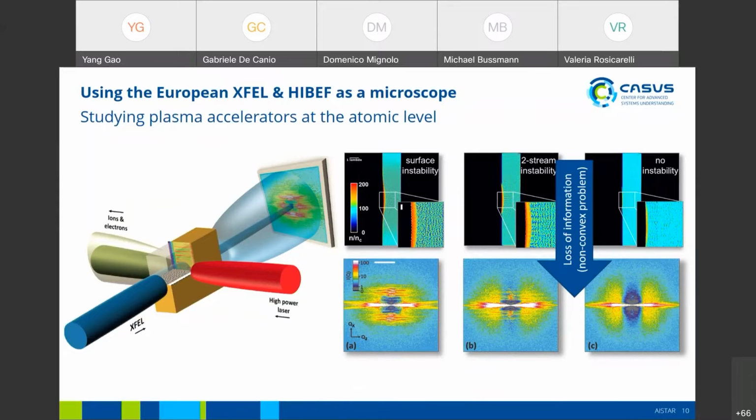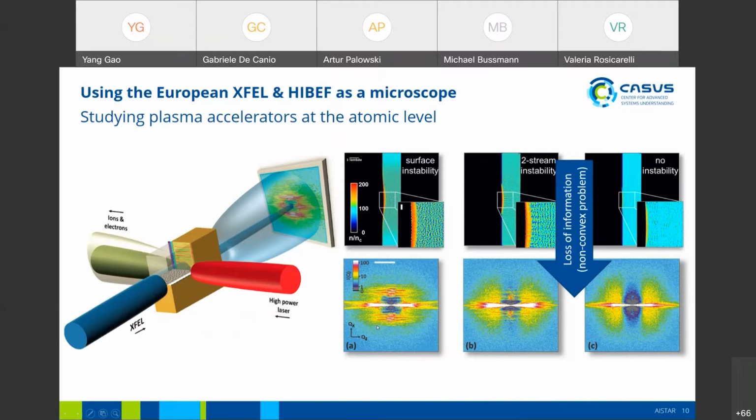And here are three cases, and what we're talking about here are instabilities of the plasma. And the plasma has the very big problem that it is a nonlinear system. So once I change the parameters a bit, it will strongly change. And the information we get are not these nice real images from the X-ray laser, but we get these scattering images.